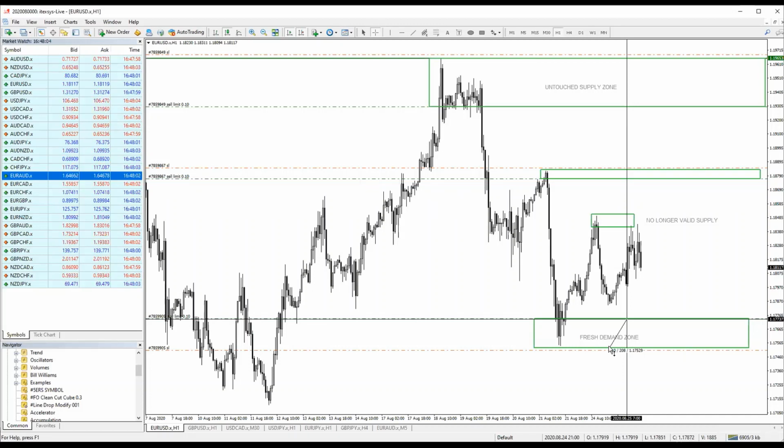So for any of you that are not used to this concept, I know a lot of traders that would go to the market, and this is another thing that distinguishes support and resistance from supply and demand: supply and demand actually define for you where to put your stop loss, okay?